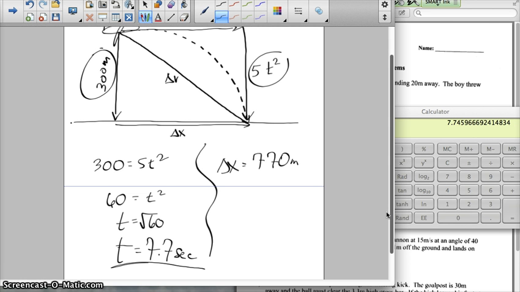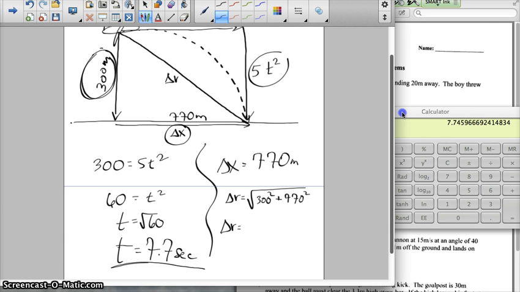So if this is 770 meters across there, delta r is going to be the square root of 300 squared plus 770 squared. Is that right? Yeah. This side here squared plus that side there squared has to equal my delta r side squared.